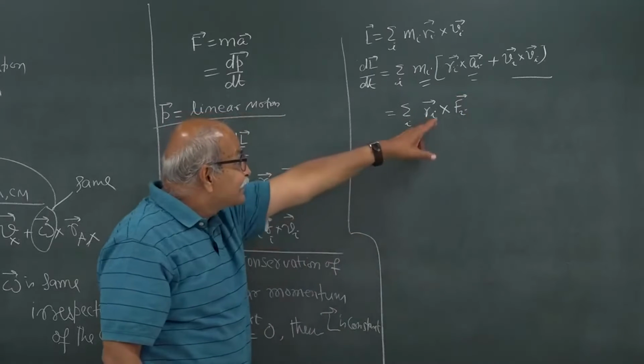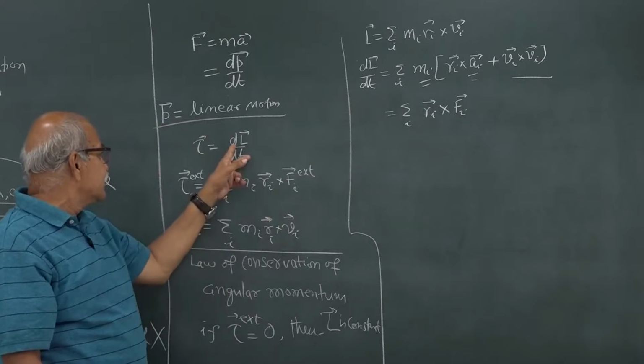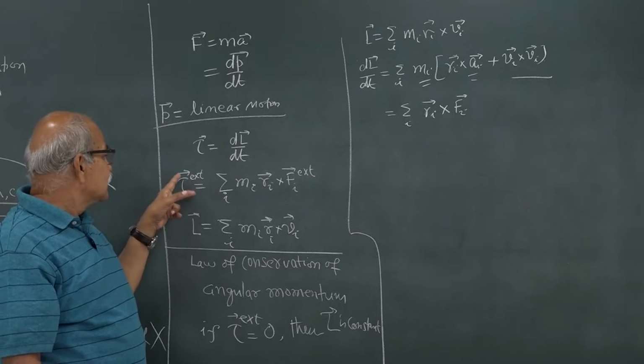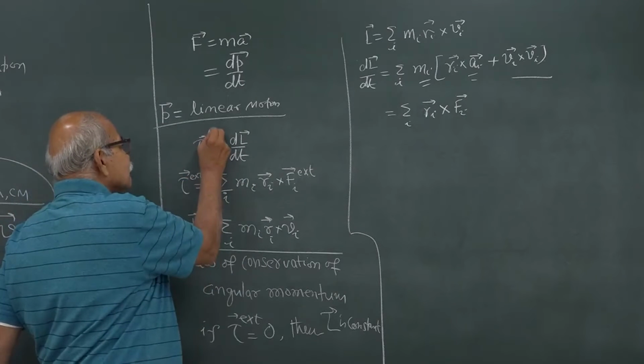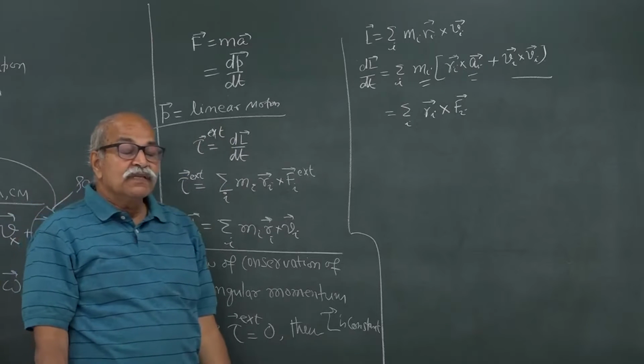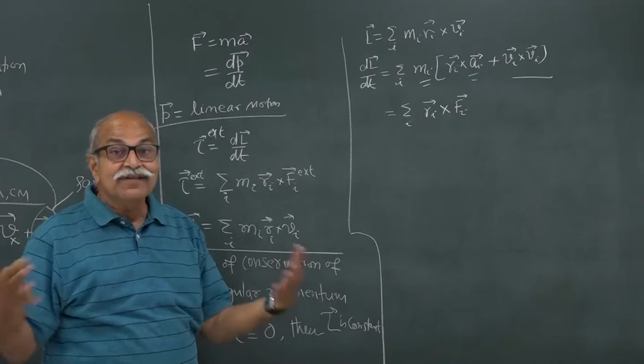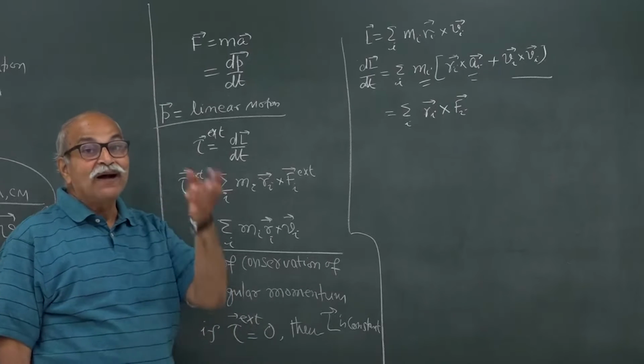But that does not prove this relation that dL/dt is external torque. External means the torque by the forces by objects outside that rigid body, not part of the rigid body.